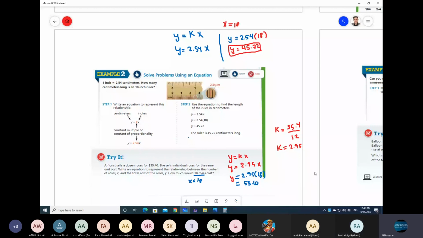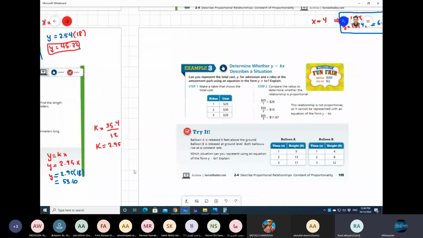And here we have another question. Determine whether y equals kx describes the situation. Who can read it for us? Yes, please. Determine whether y equals kx describes a situation.